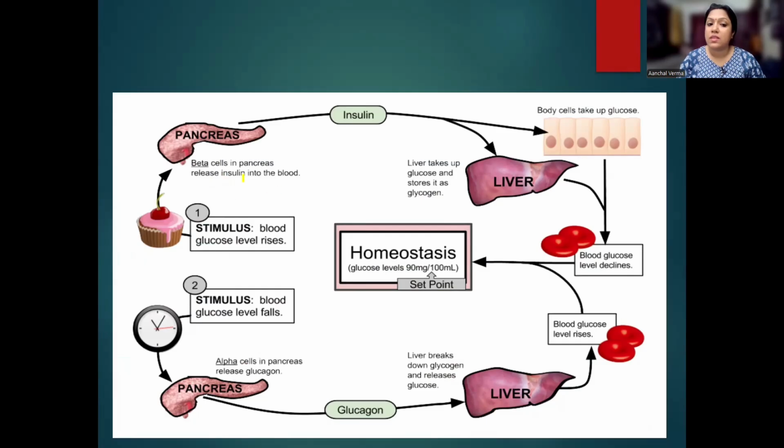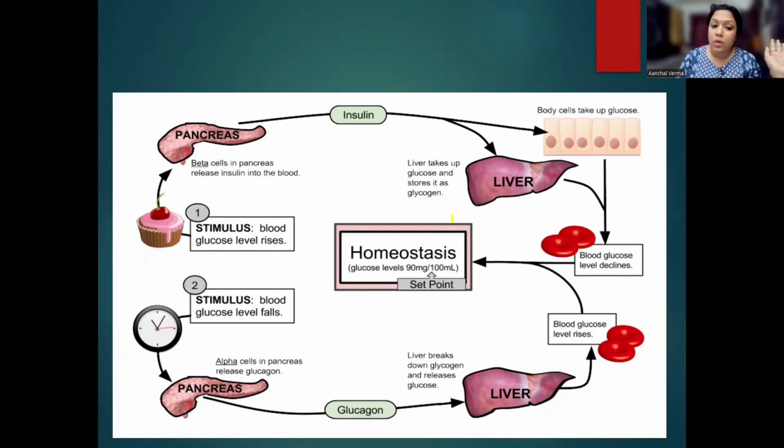Then it triggers the pancreas to release insulin. Insulin will allow the cells to take in glucose. So liver cells will also take in glucose and will convert extra glucose into glycogen and store it for future use. And at the same time, other cells will take the glucose and use it for the energy production. Because of this intake of glucose in the cells, the level of glucose will come down to the normal condition.